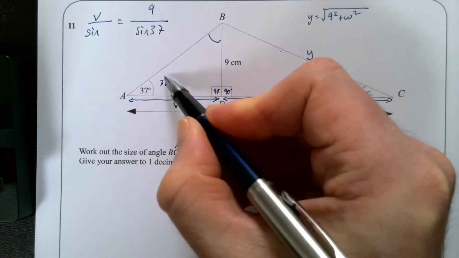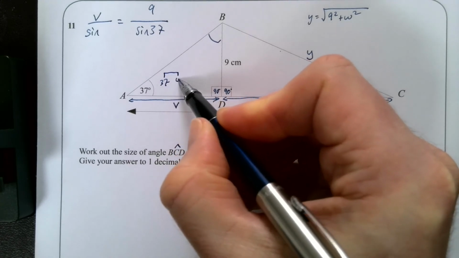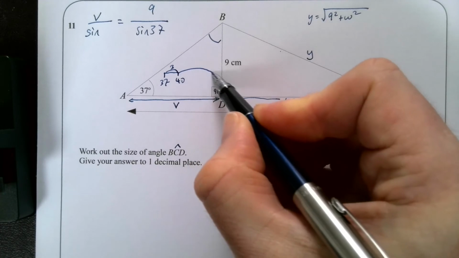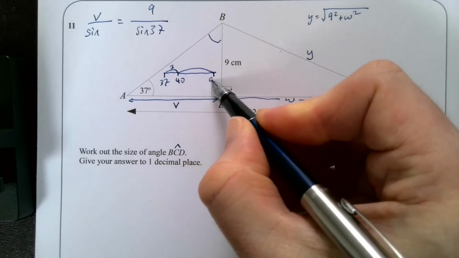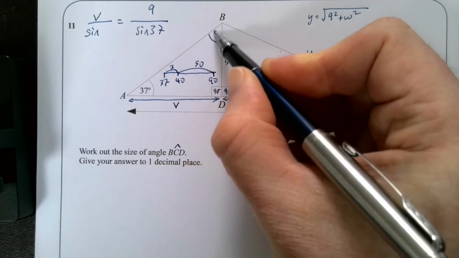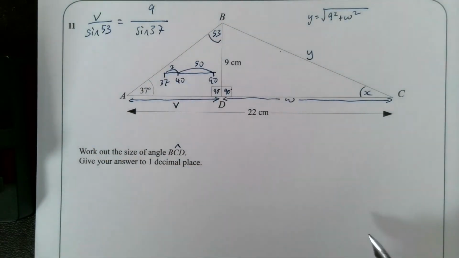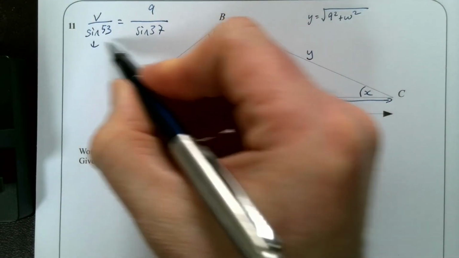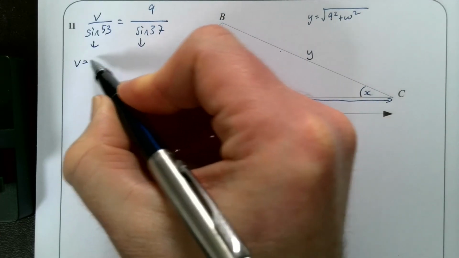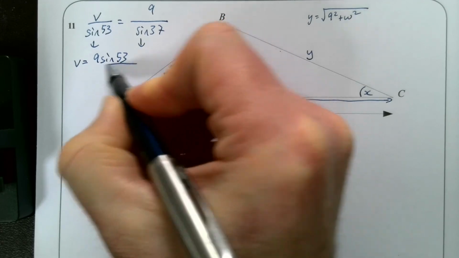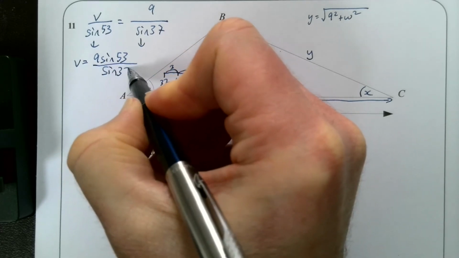So if I make a little number line, it's 3 up to 40, and then from 40 up to 90 is 50, so that must be 53 degrees. So we're looking at sin 53. Multiply both sides by sin 53 so that I get my V equaling 9 sin 53 over sin 37.